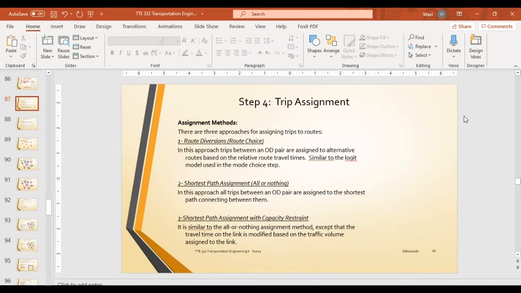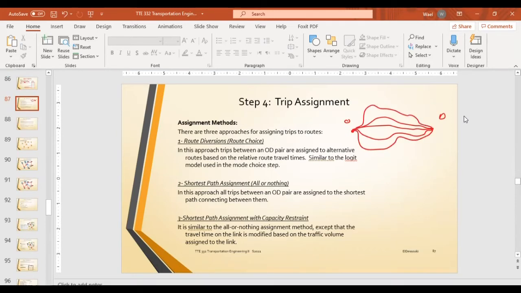Okay, there are three. We have route diversion. That means between an origin to a destination, that's an origin, this is a destination, we have one route, and we have alternative route 1, and we have another alternative route here, another alternative route there, and we have other routes.